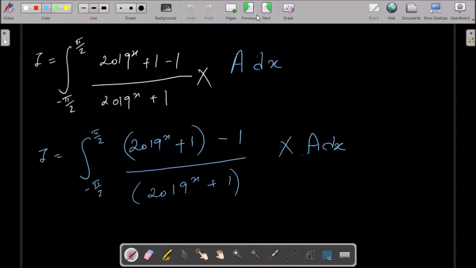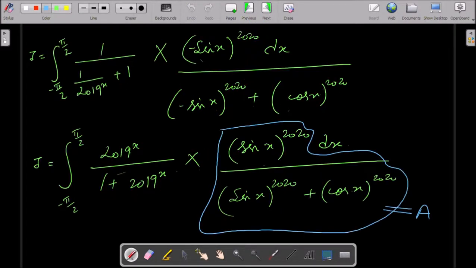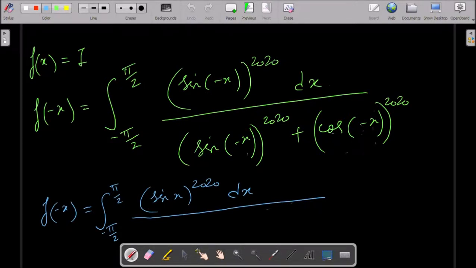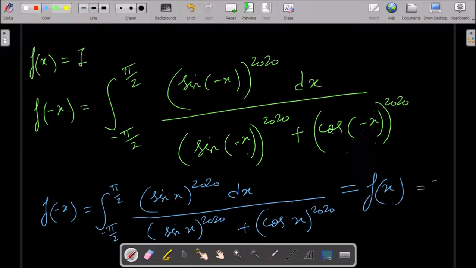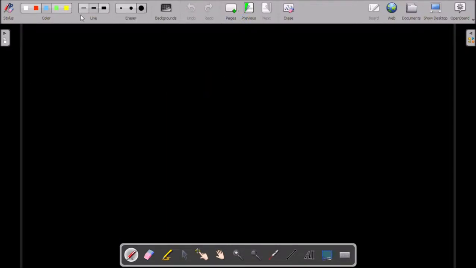It will come a only. Sine of x to the power 2020, as this part was a. So this is itself f of x, that is I. Now see, we have proved that f of x equals f of minus x, which is an even function.